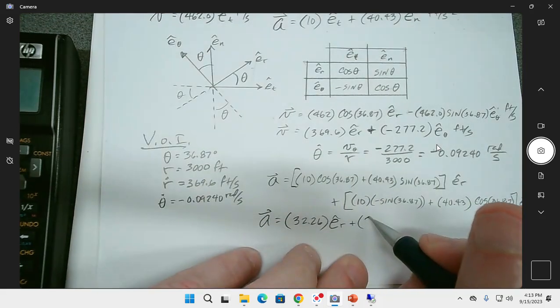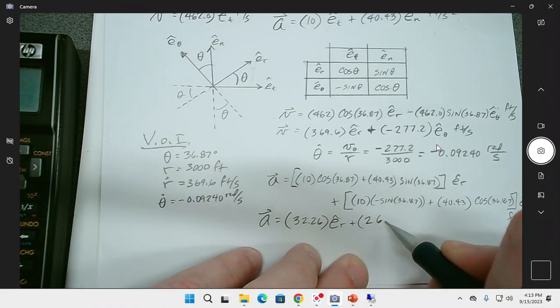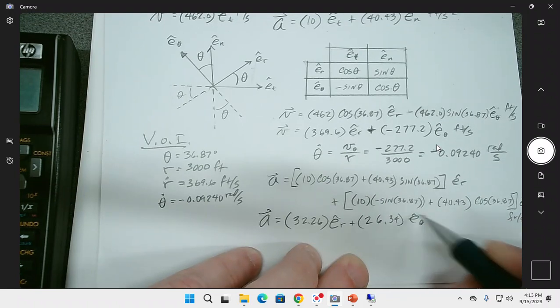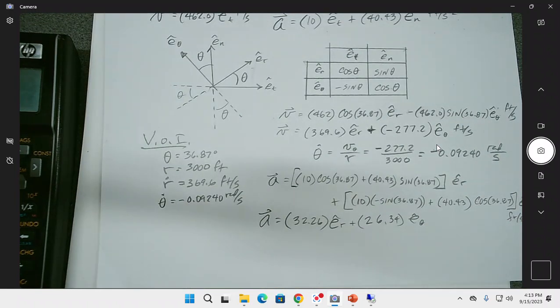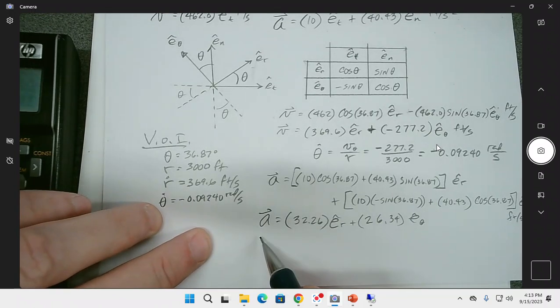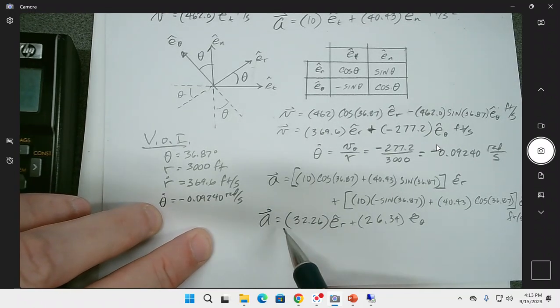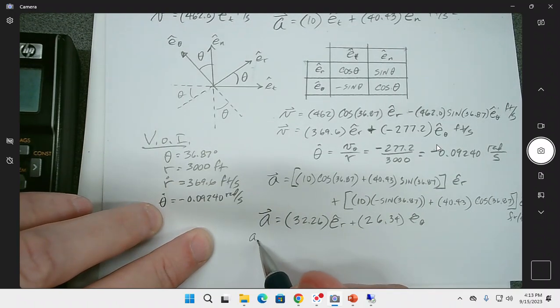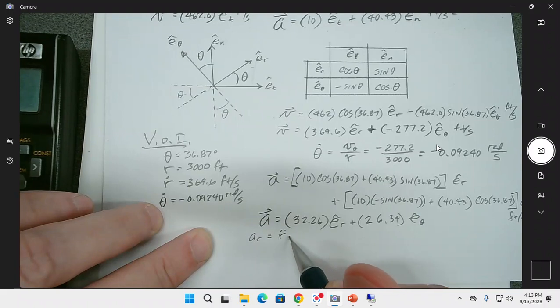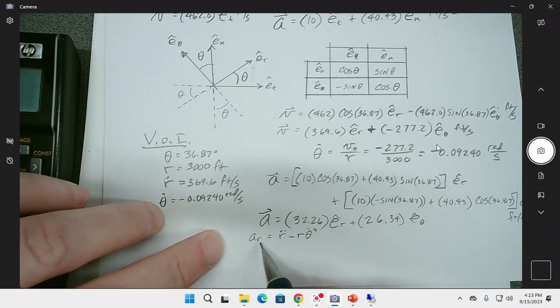All right. 26.34 E theta. And now that we have the components, we can solve. We'll do this first one. The idea of that one is AR is equal to R double dot minus R times theta dot squared.